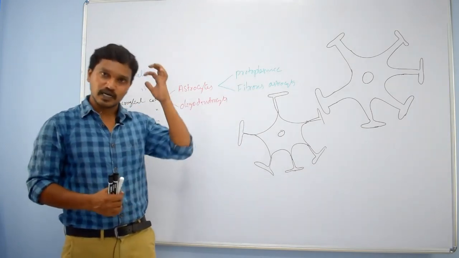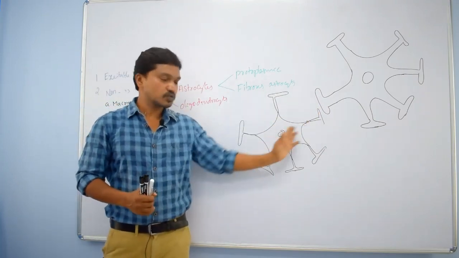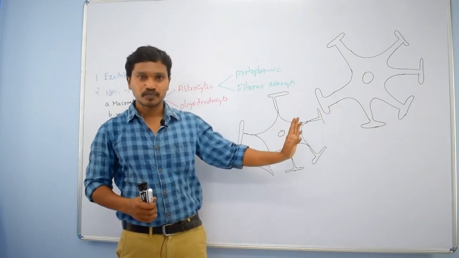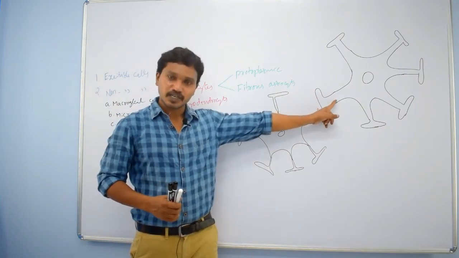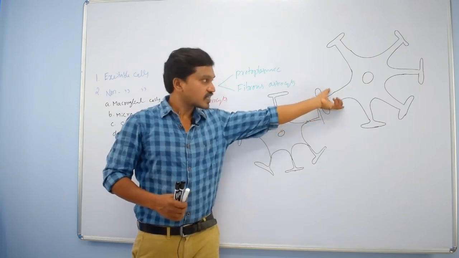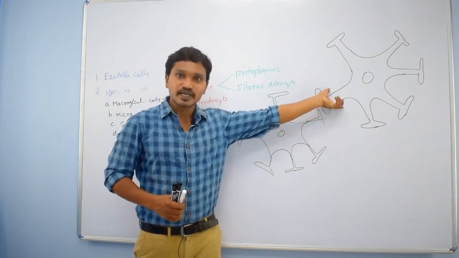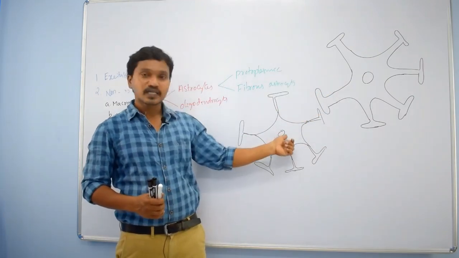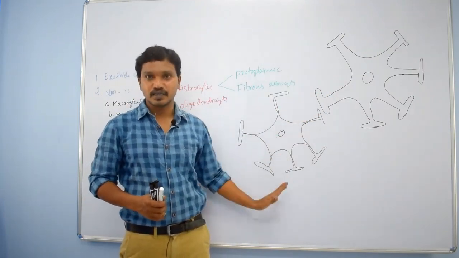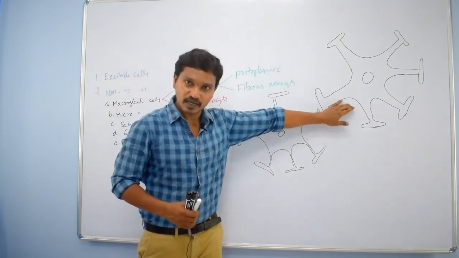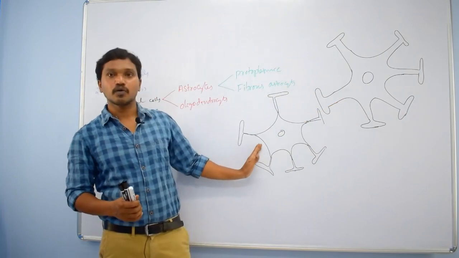Clear? Let me tell you the difference between these two. Star shaped cells, both. Cytoplasmic extensions are processes. Processes are thick and symmetrical in protoplasmic, and thin and asymmetrical here. Right? These are present in the grey matter, these are present in the white matter.